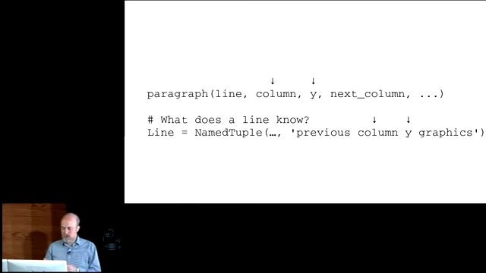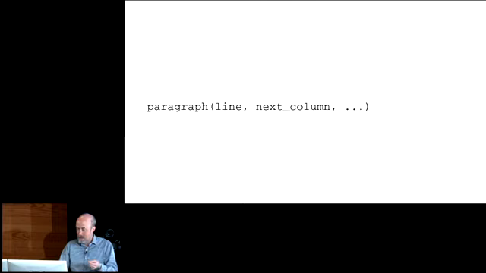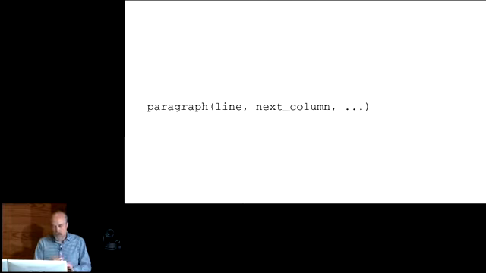Those are two attributes of the line itself. I didn't know I'd be passing lines in as an argument, but now that I know this gets passed in, I no longer need to separately pass in the column and the y-coordinate. The paragraph learns everything about the current context merely by looking at this line object that I didn't even pass in for its own amusement.